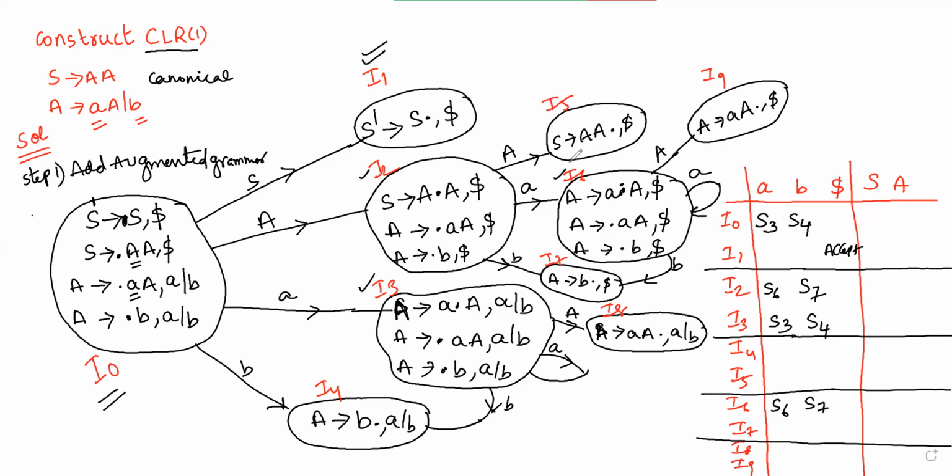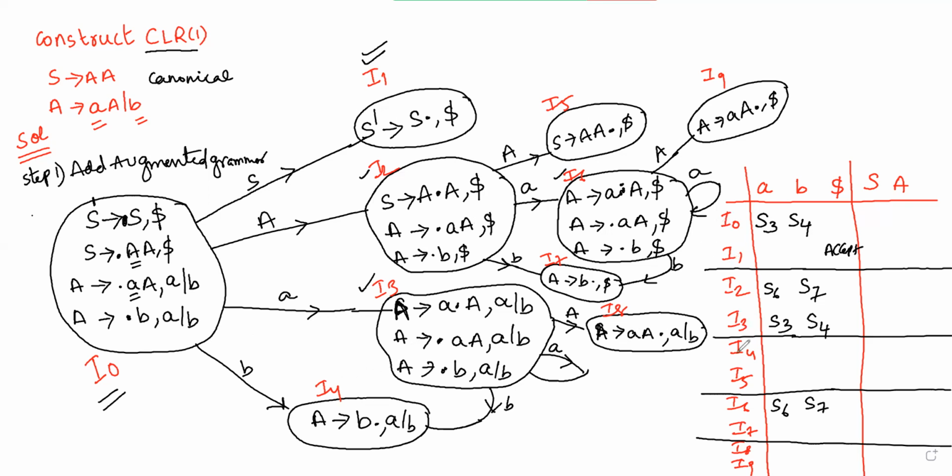But if you look at I4, I5, and what we have next, I7, I8, I9, this dot came at the end. Even in the augmented production, the dot came at the end. So I am talking about the grammars except the augmented one.